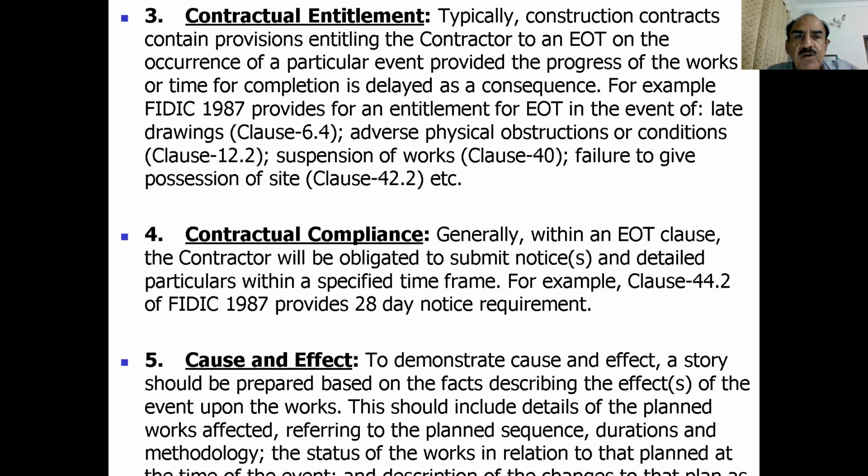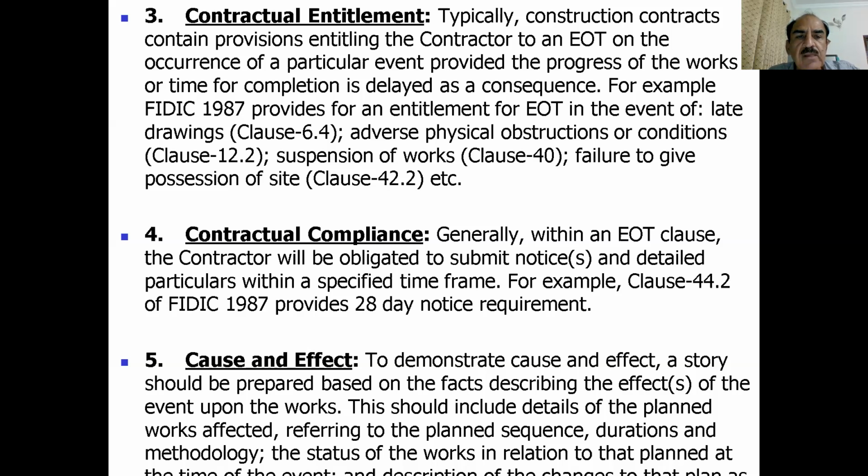Then the third important is contractual entitlement. Typically, construction contracts contain provisions entitling the contractor to an extension of time on the occurrence of particular events, provided the progress of the work or time for completion is delayed as a consequence.